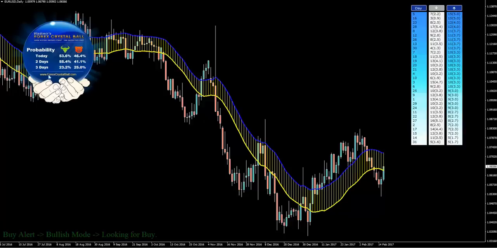You will find here my predictor, which predicts what are the chances for me to get a bullish day today and a bullish day on the next 2 days and on the next 3 days, and same for bearish days, days for buys, days for sell. It makes the calculation in between these two indicators, and when they suit and match each other, we get the best signals. And I have a trading tunnel which allows me to know when I am going to look for buys, when I am going to look for sells.